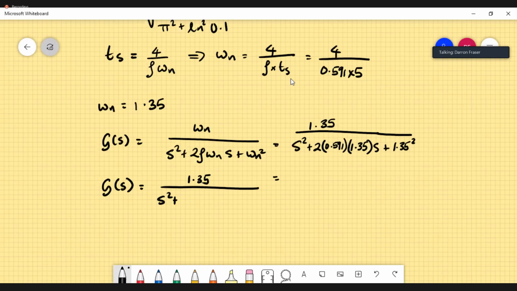That's 2 times 0.591 times 1.35, which is 1.59 or 1.6. And 1.35 squared is 1.82. Alright, so 1.82.